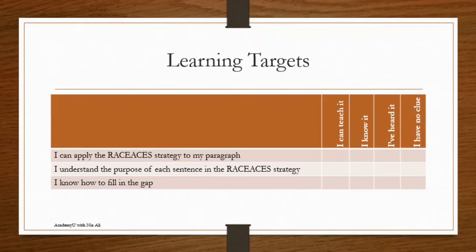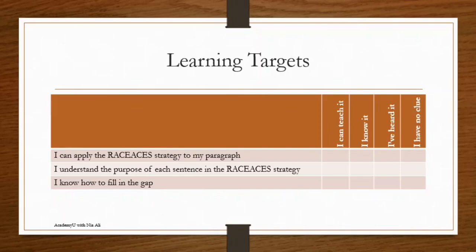Learning target number 2. I understand the purpose of each sentence in the RACES ACES strategy. So you're going to self-assess yourself. Are you going to say, I have no clue what she's talking about? That's fine. Or you can say, I've heard it.